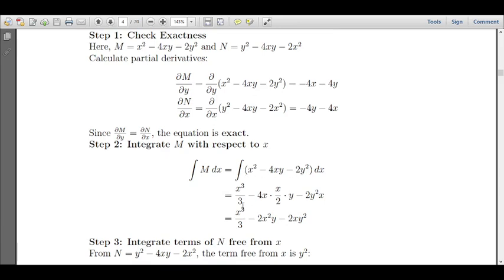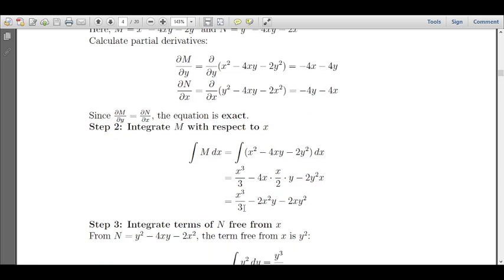Now, integration of x square is x cube by 3, minus, since y is constant, we write 4y as it is, integration of x is x square by 2, minus, since the y term is constant, we write 2y square as it is, integral dx is x. So, this is x cube by 3 minus 2x square y minus 2x y square.